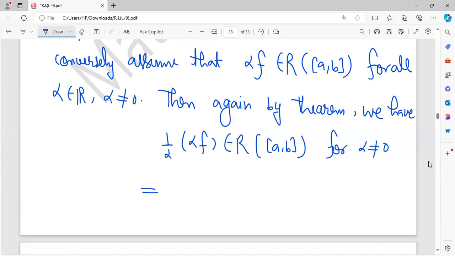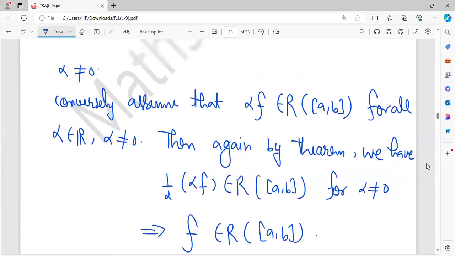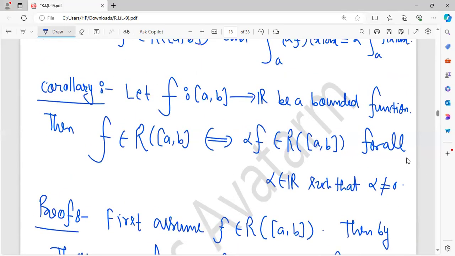So this alpha will be cancelled out, and f belongs to R[a,b]. Okay. So the result is proved. Let's say it is corollary 1.